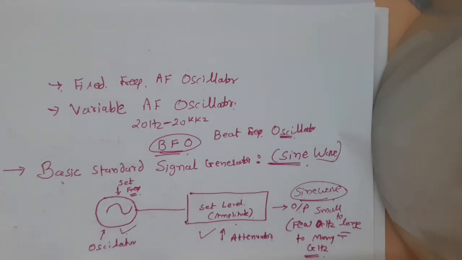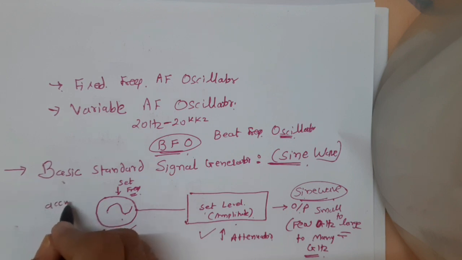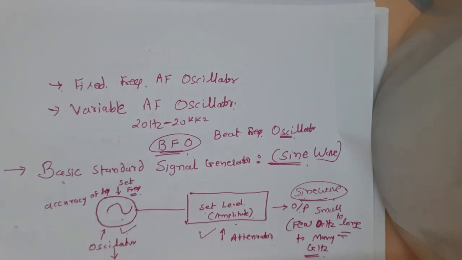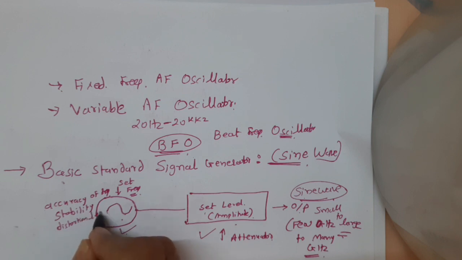The simple sine wave generator consists of two basic blocks, oscillator and attenuator. The performance of the generator depends on the success of these two main parts. What is the function of the oscillator? The accuracy of the frequency, the stability of the frequency or signal, and the signal must be distortionless.